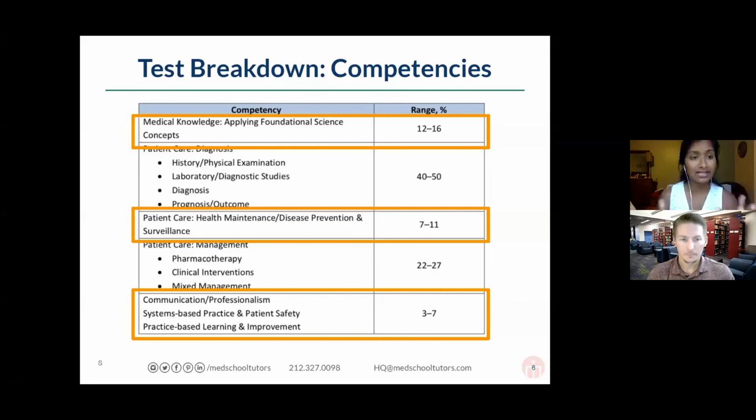That's your classic presentation. How do you diagnose it? And then how do you treat it? That is still going to be the majority of the exam, that 40 to 50 and then 22 to 27%. But again, I would stress that should probably be where the bulk of your studying is, but not to ignore those other topics, because that is still pretty heavily tested on the Step 2 exam.